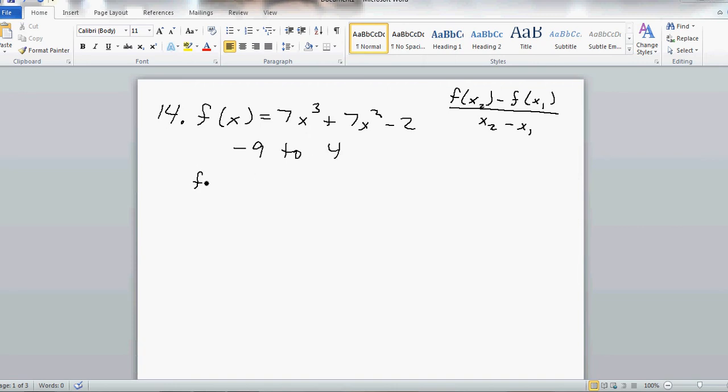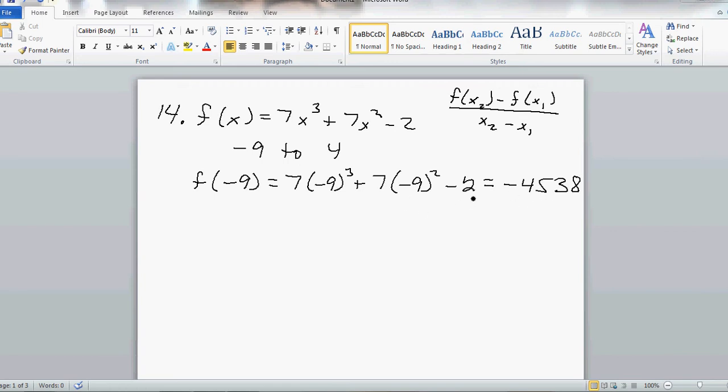So the first thing we're going to do is plug in f of -9. f of -9 is 7 times -9 cubed plus 7 times -9 squared minus 2. And when we figure all this up, it ends up equaling -4,538.